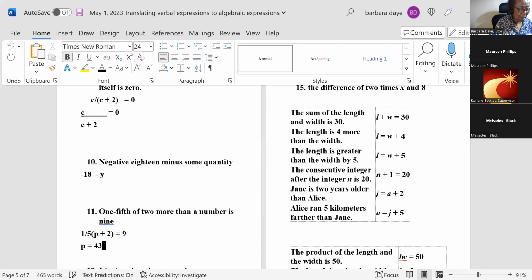Because one-fifth of 45 is 9, so P has to be 43. This is saying take this number and divide it by 5, so that number has to be 45. 9 times 5 is 45. But you have 2 already, so just subtract the 2 from the 45. P has to be 43. I got it. Mercedes, you got it? Yeah, that was like the one we did before.